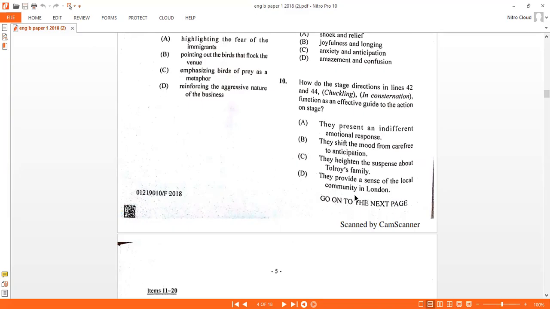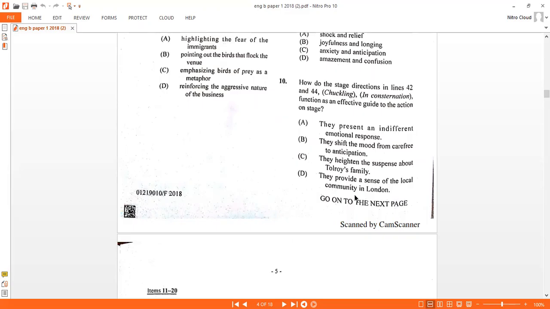If we're doing the process of elimination, we know right away that D is out of it. And we also know that A is out. So we have options B and C to work with. I would not select C, they heighten the suspense about Tolroy's family, because the question is talking about the effectiveness, the function of the two stage directions given.